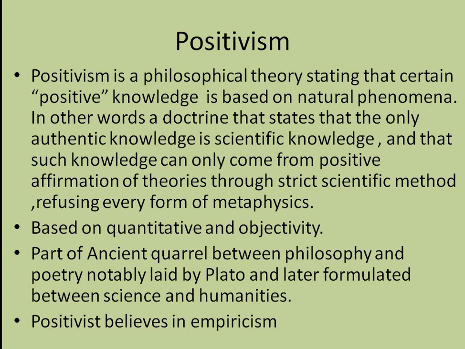Positivists always believe in empiricism. Empiricism is the idea that observation and measurement are the core of scientific endeavor. As we know, the key approach of the scientific method is experiment.